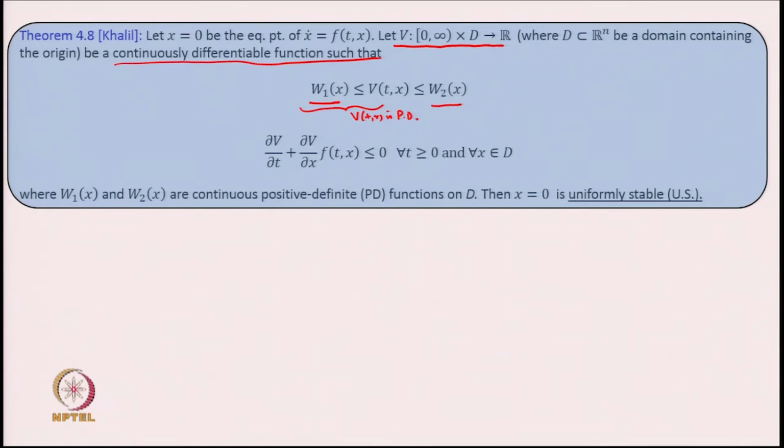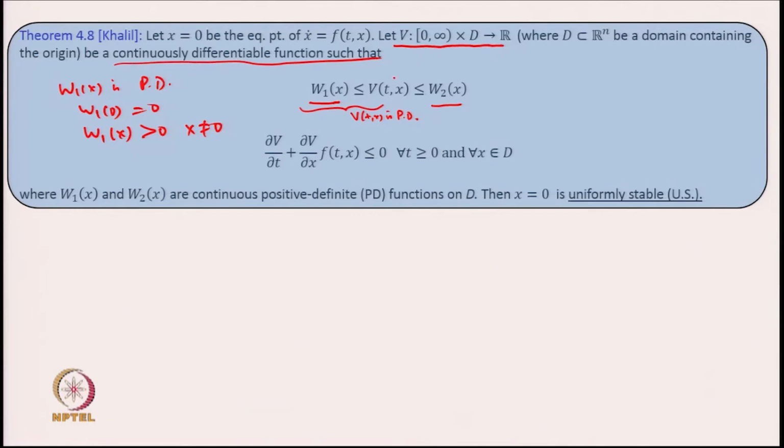So, when is W1 positive definite? W1 of x is positive definite when W1 of 0 is 0 and W1 of x is greater than 0 when x is not equal to 0. So, this is what is meant by positive definiteness.